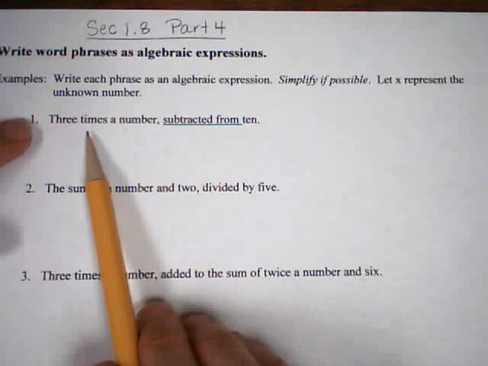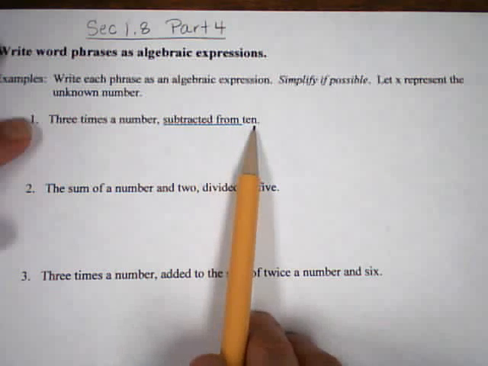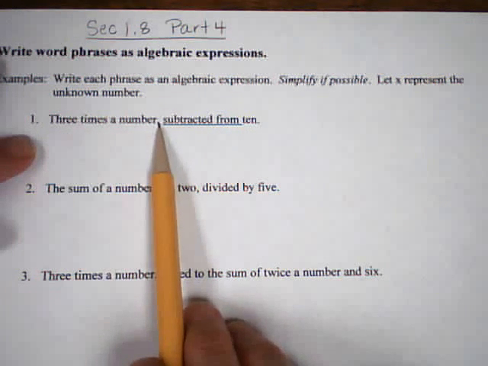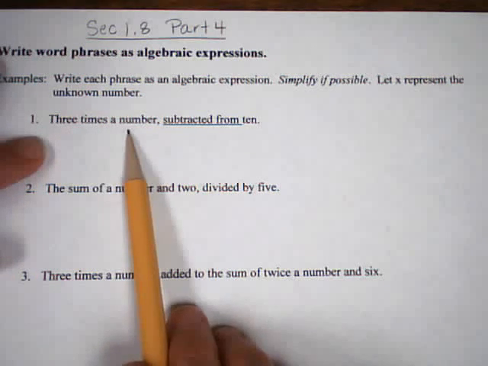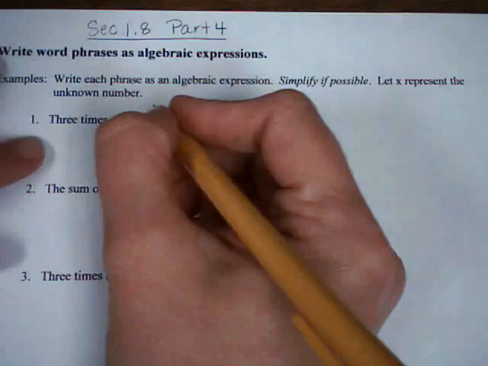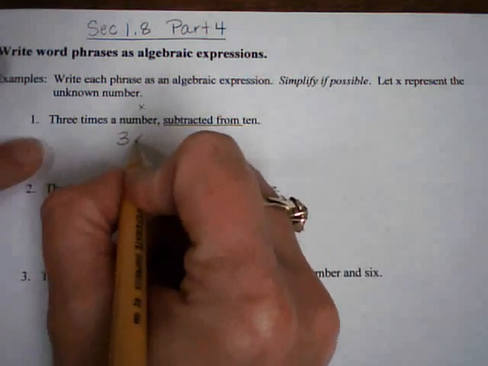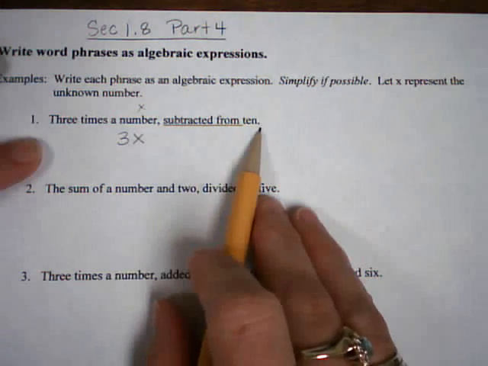Okay, number 1 says 3 times a number subtracted from 10. Try to use your commas to help you separate things too. If I just write 3 times a number, my number is x, that's unknown, so that would be 3x subtracted from 10.